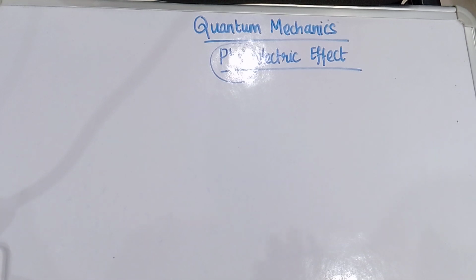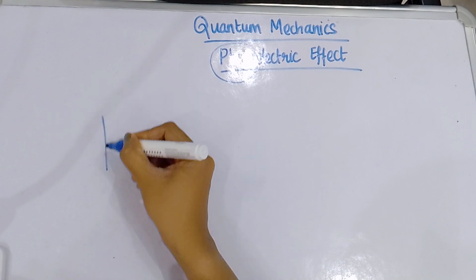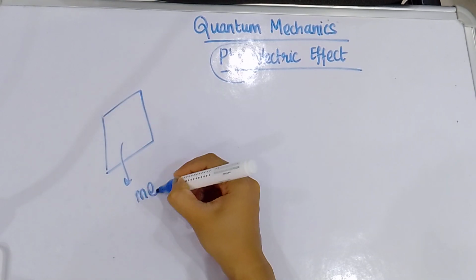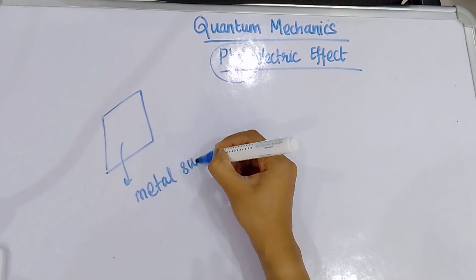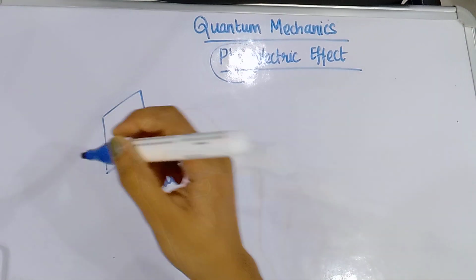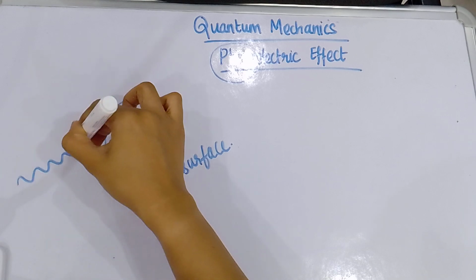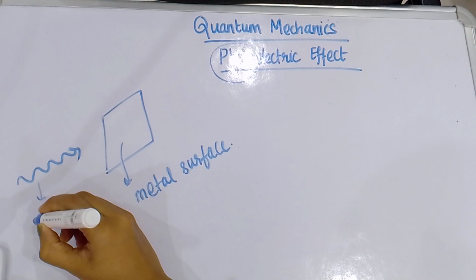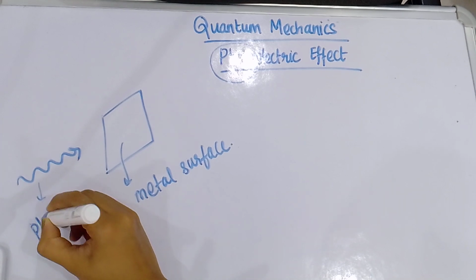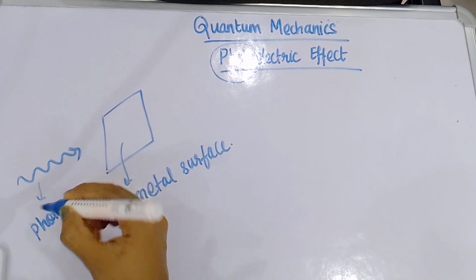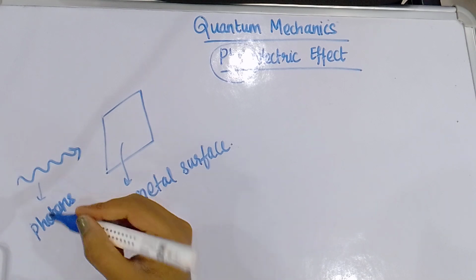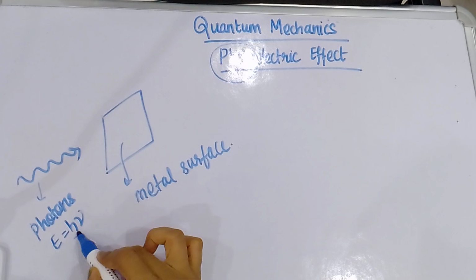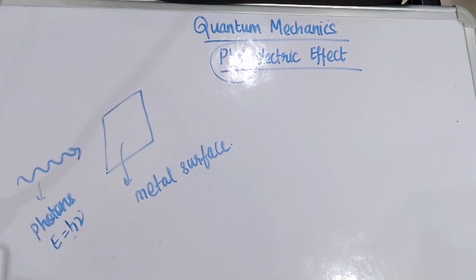So basically, let us say this is a metal surface we have. Alright. So when light, what does light have? Light has photons, right? Packets of photons, and these photons have energy E equal to h nu, where h is the Planck's constant and nu is the frequency of the light.